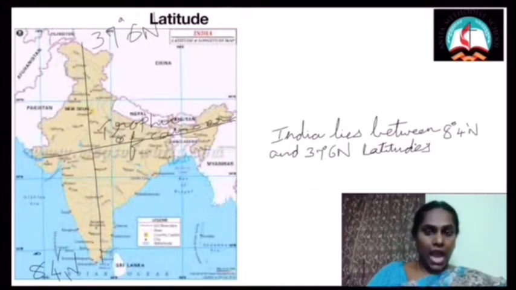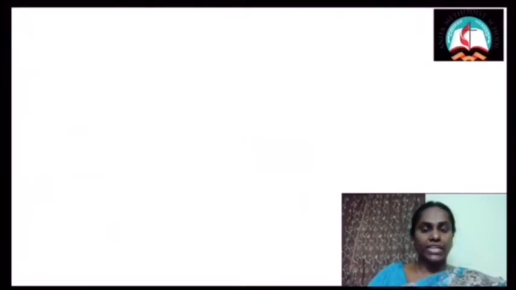The area located to the south of Tropic of Cancer experiences high temperature and no severe cold season throughout the year, whereas the areas to the north of this parallel enjoys subtropical climate. Here, summer temperature may rise above 40 degrees Celsius and it is close to freezing point during winter.